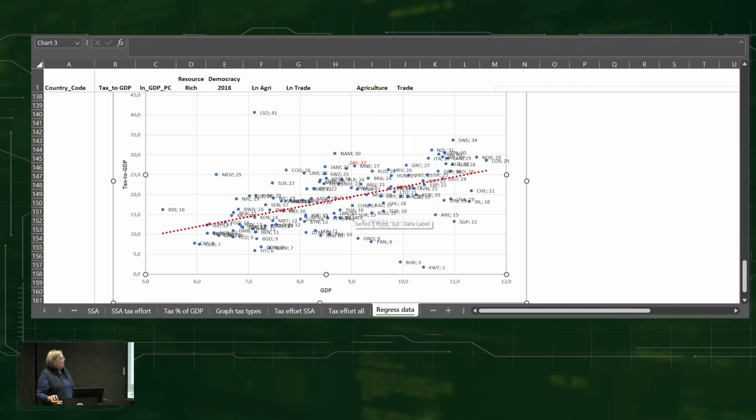So if you say you are here, and you're striving to get to that tax to GDP ratio, but you would actually want to be up here, what do I need to do to my tax policy and my tax administration to actually get to here? Because the economy is a given. Well, over time you can say, I'm going to spend more on education, and I'm going to increase our exports and imports, and I'm going to do this and this and this.